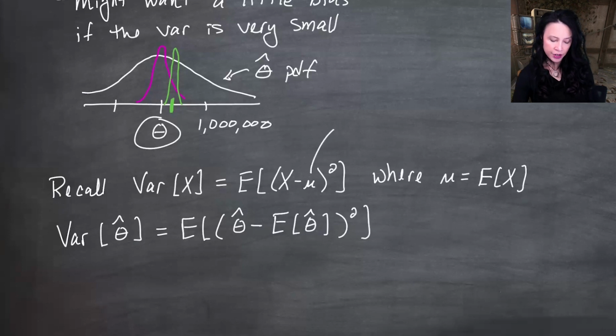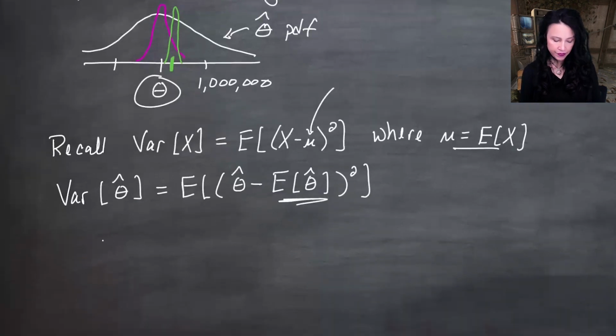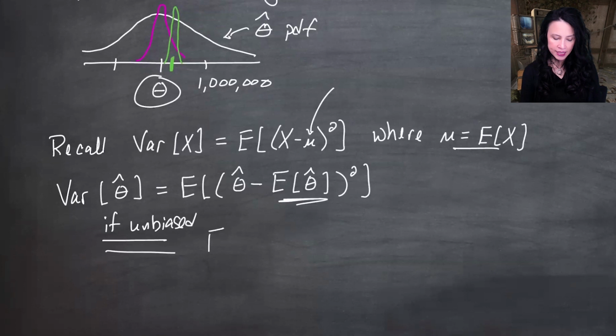Up in here, I could have written the expected value of x, except we have notation for that. But if our theta hat is an unbiased estimator for theta, this mean is just going to be theta. So if we have an unbiased estimator here, this is going to be the expected value of theta hat minus theta squared.